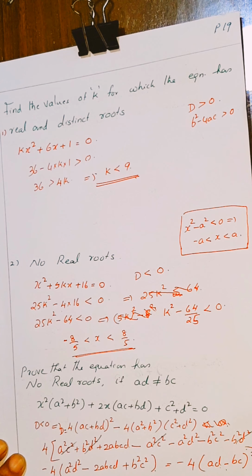So this is equal to negative. That means we got D is less than 0. Therefore, the equation has no real roots.